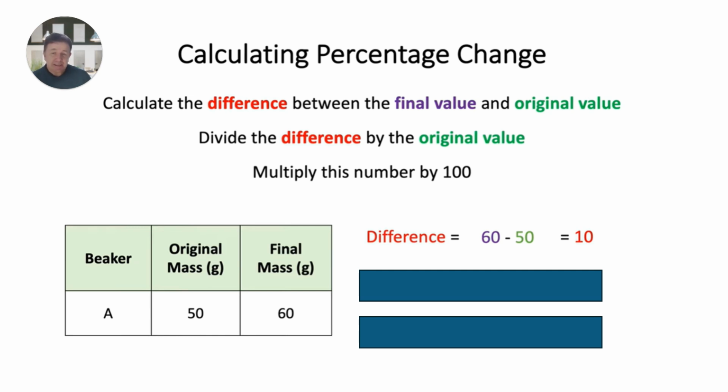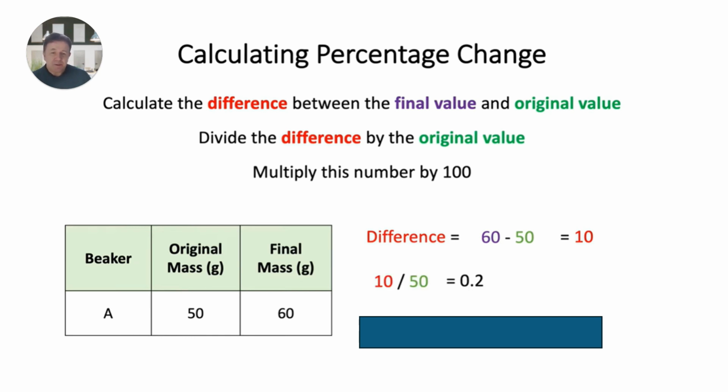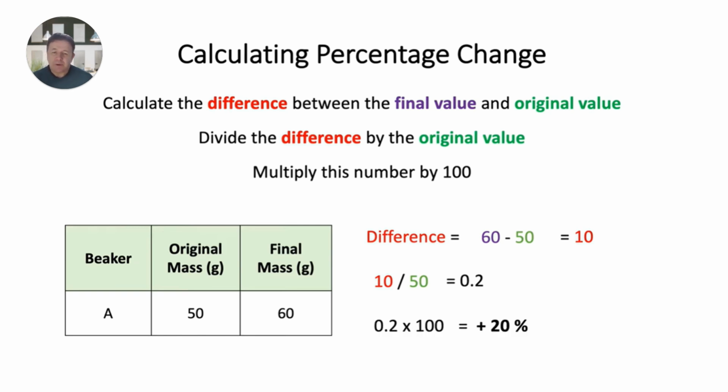So that's 10, the difference. And so you divide it by the original value, and then you times it by 100, and that will give you a percentage. Why do we look at percentage? Well, basically because all the chips will have different starting masses, and because you're using percentage change, it allows you to compare each sugar concentration.